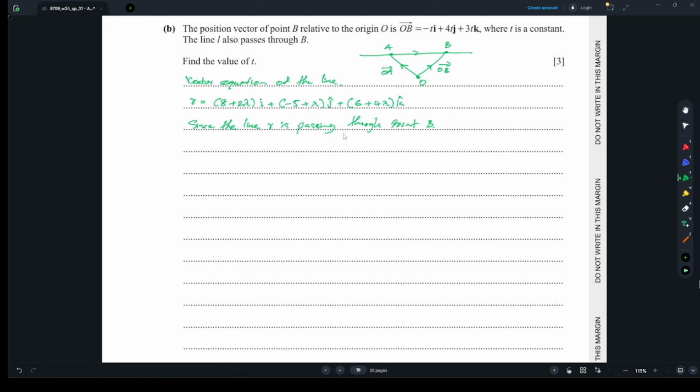Okay, so we can equate components because they are on the same line. In coordinate geometry, we just substitute, right? The x and y values. In the same way, here in the vector case, we equate the components.